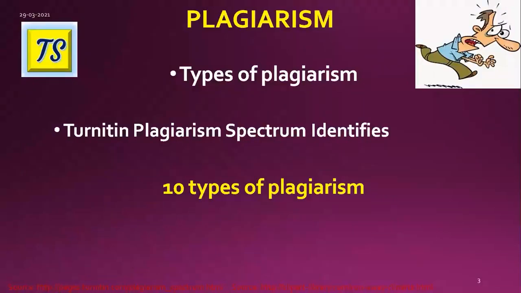Let us see the types of plagiarism. See, Turnitin and Urkund. These are the two popular plagiarism detecting packages available across the globe. As per Turnitin, there are 10 types of plagiarism. If you search online, it may give you a lot of plagiarism types. But based on the experiences of the Turnitin package, they have categorized the top 10 types of plagiarism.